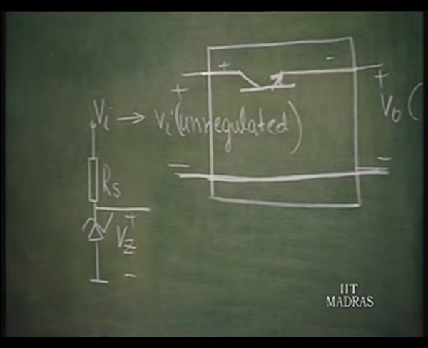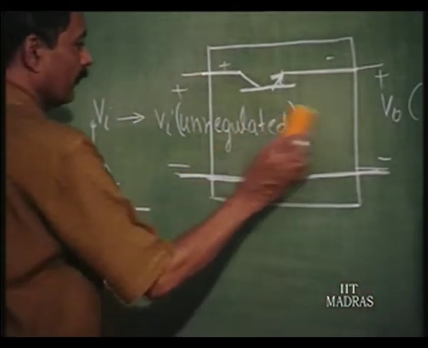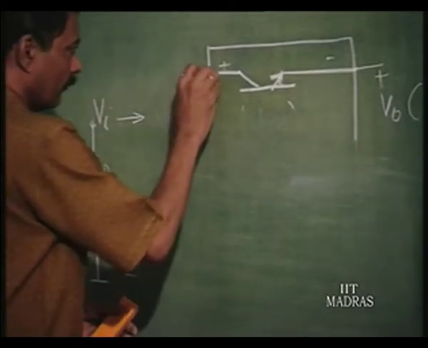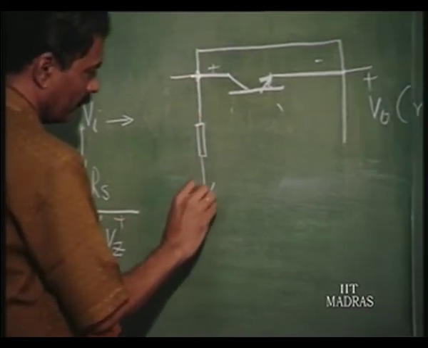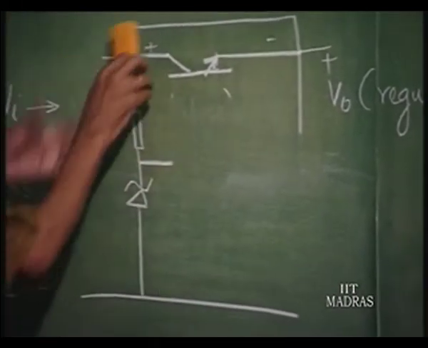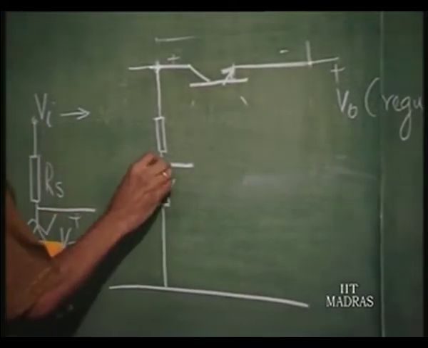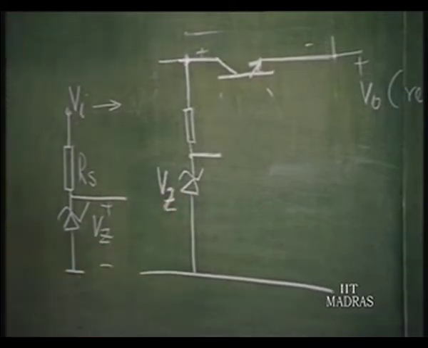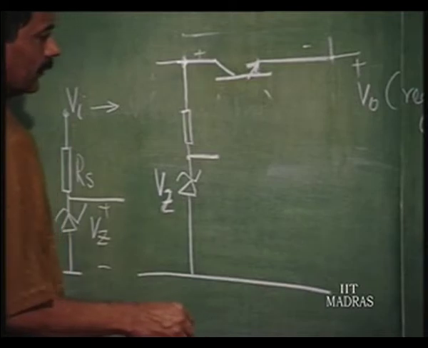So, I am going to put this at the input, let us say. So, this is V Z. This I will select depending upon, let us say, the output voltage I want to maintain as constant.